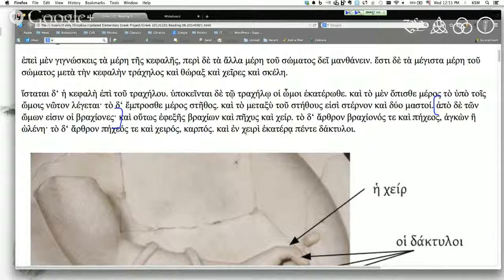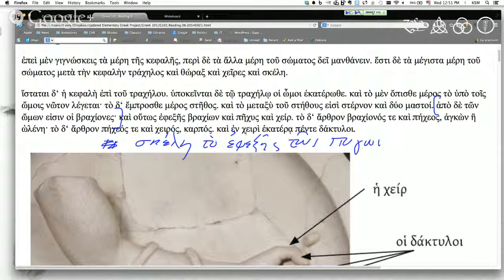Are the arms. Okay, so now we've got scale, scale. You see how this is working? Okay. So scale is equal to brachiones.